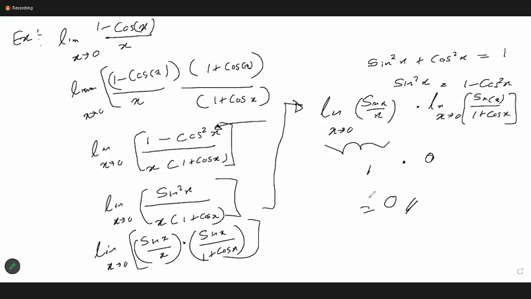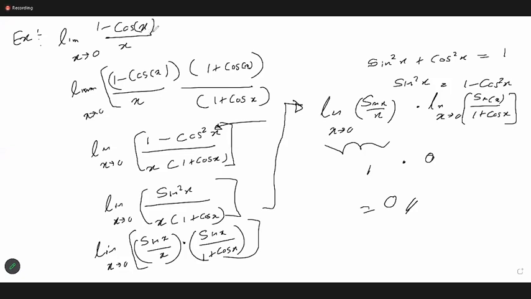Let's try to do another one. So now you have a way to handle trig function problems, because now we know the basic one, that sin x over x goes to 1, right?